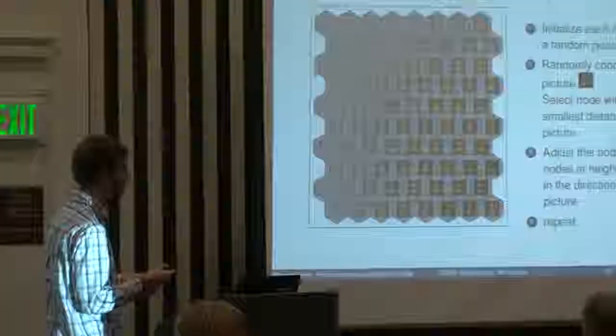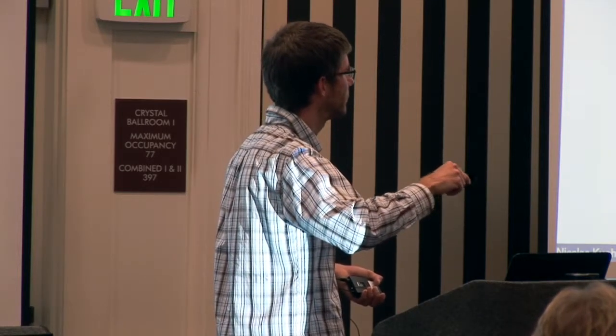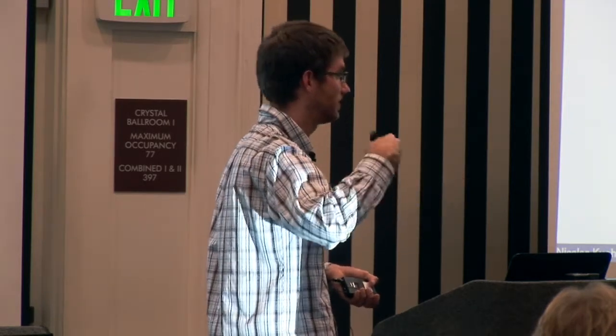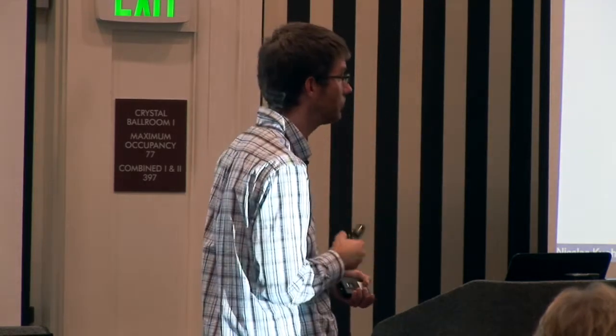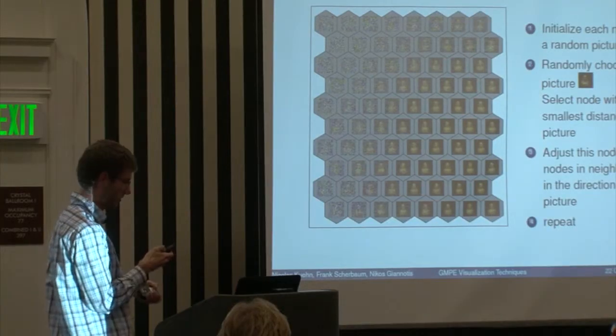What we then do is we just repeat. We select another randomly chosen picture, choose one of the nodes which has the smallest distance to that particular picture, and then we draw that particular node in the direction of that picture.